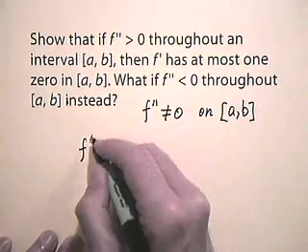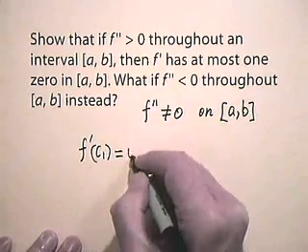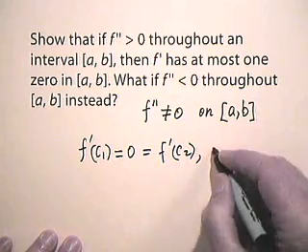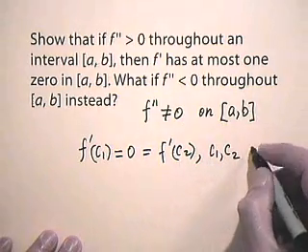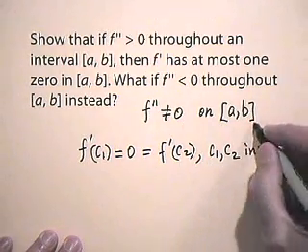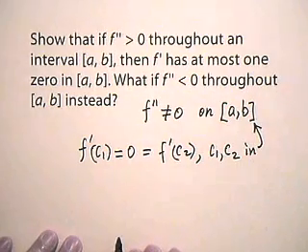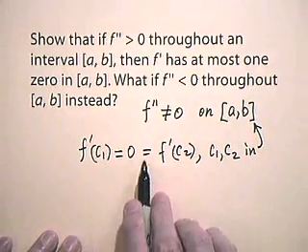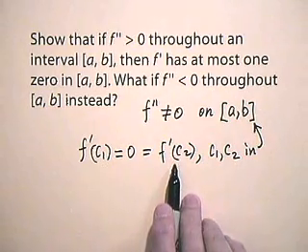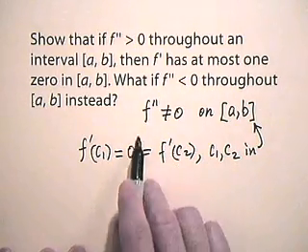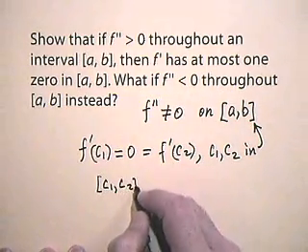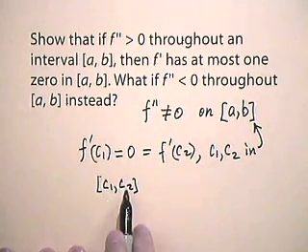So f prime at c1 equals 0 equals f prime at c2, with c1, c2 in the closed interval [a, b]. Well, now we can apply the mean value theorem, or in particular Rolle's theorem, to the function f defined on the closed interval [c1, c2].